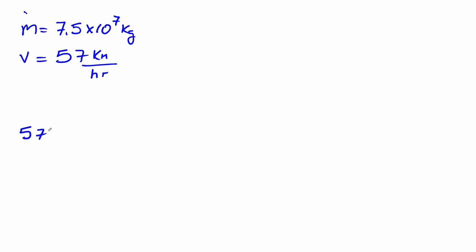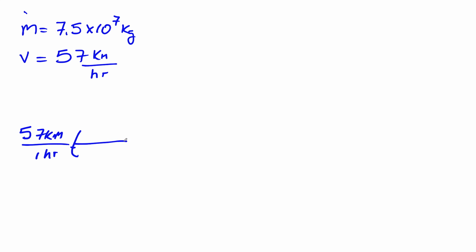Mass. This is a big one. 7.5 times 10 to the 7th. And now our velocity, and I'm going to go back up here again, 57 kilometers per hour. Now let's go down here and convert this. So 57 kilometers per 1 hour.